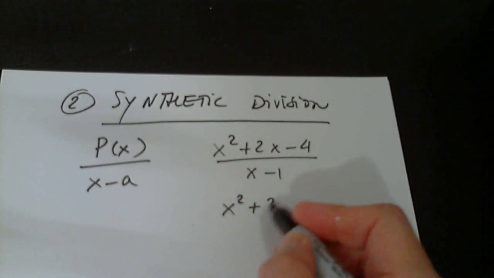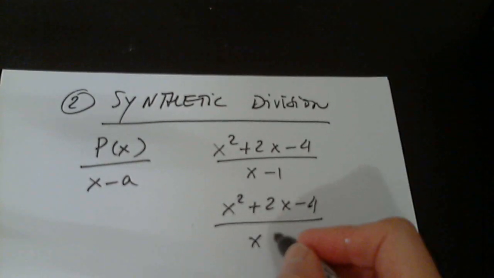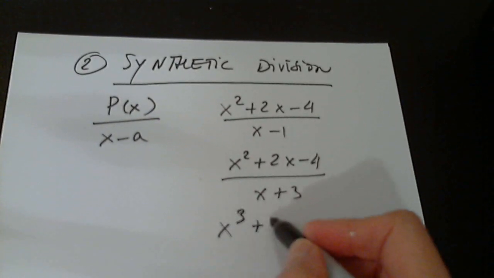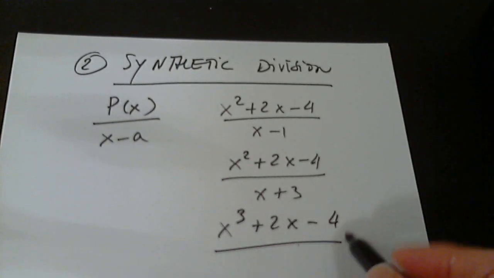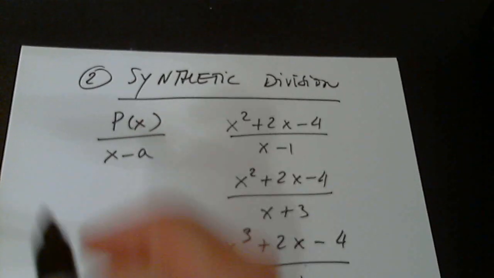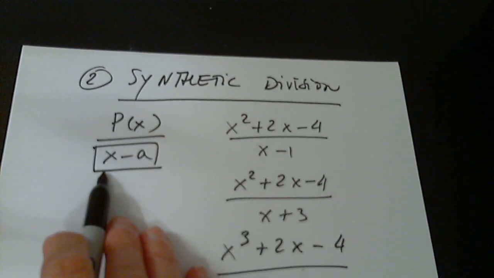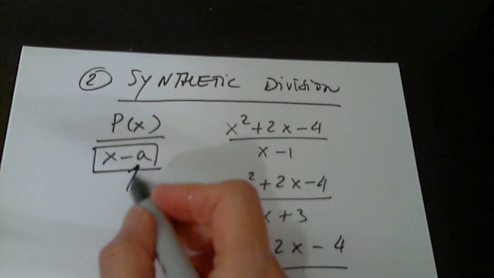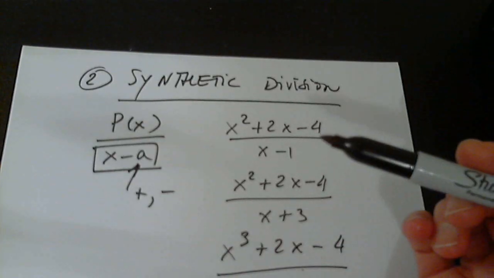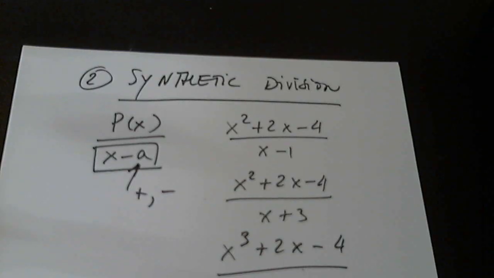Or x squared plus 2x minus 4 divided by x plus 3. Or x cubed plus 2x minus 4 divided by x minus 1. So remember, when we write x minus a, it can be positive or negative. So synthetic division has limited applicability. It only works in these situations.